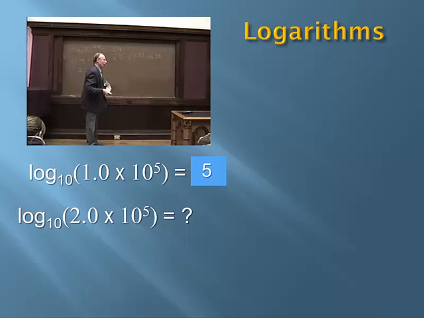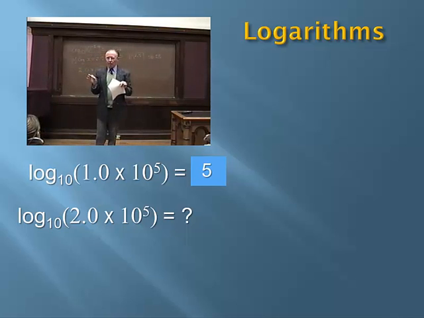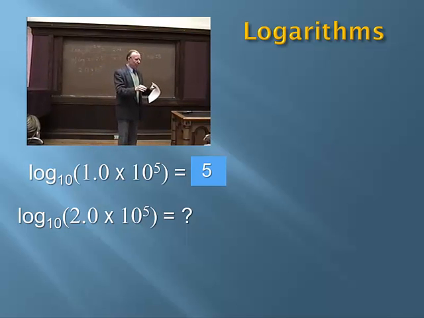It turns out that if you have two numbers that are multiplying together, as you do in this case, the logarithm of the product is the sum of the logarithms of the individual parts. I'll say that again.